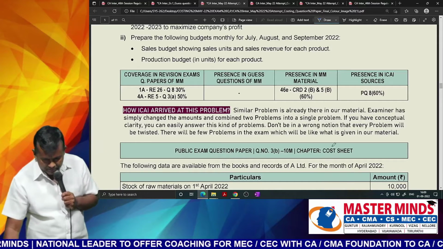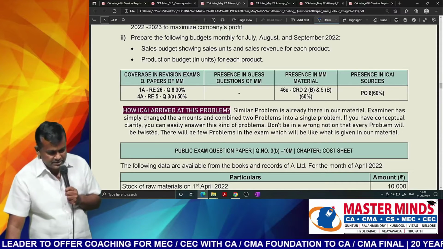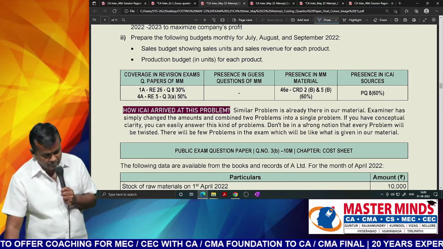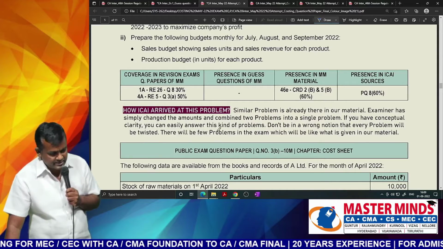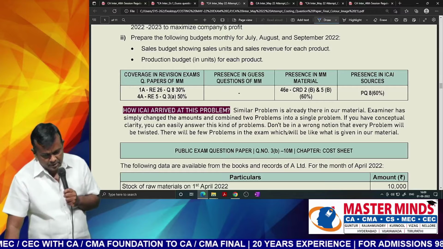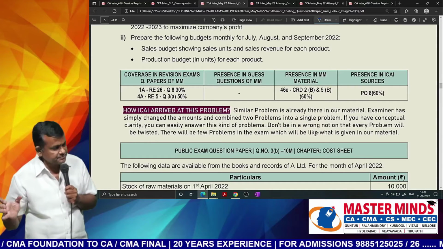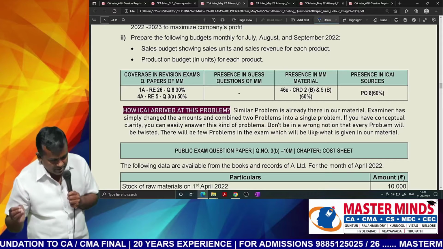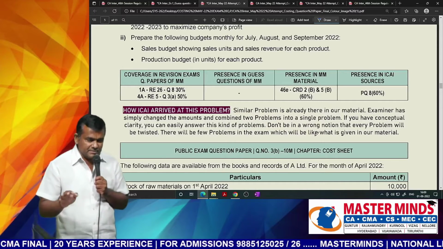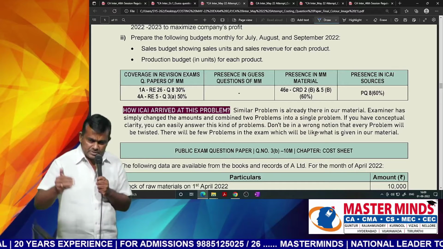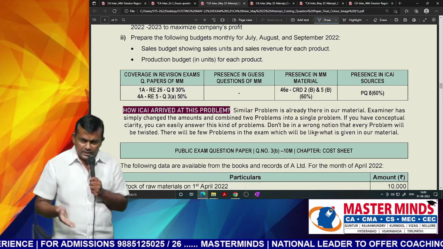If you have conceptual clarity, you can easily answer this kind of problem. So don't be under a wrong notion, sir. Every problem will be twisted. There will be a few problems in the exam which will be like the ones given in our material. So that is the merging problems. Merging problems are also provided in the assignment section, sir.